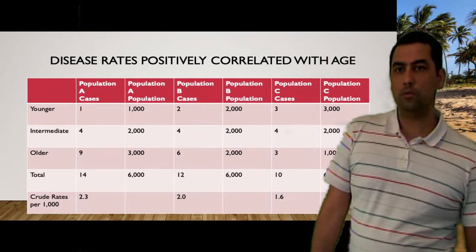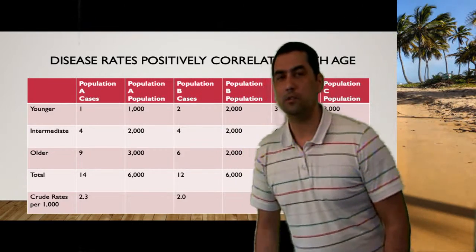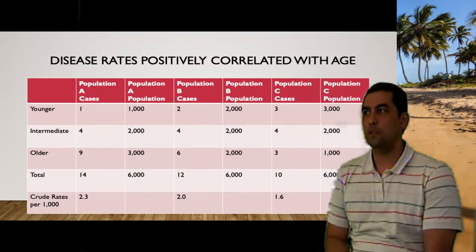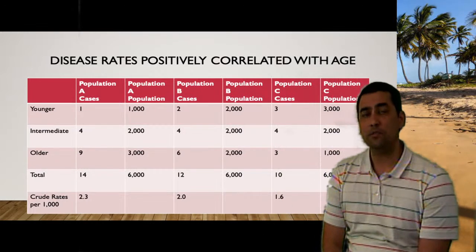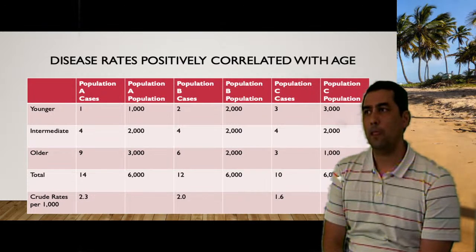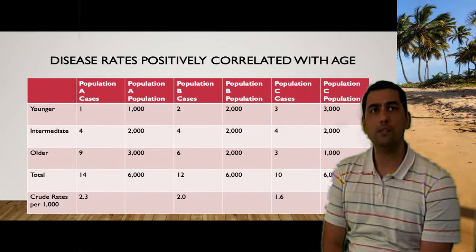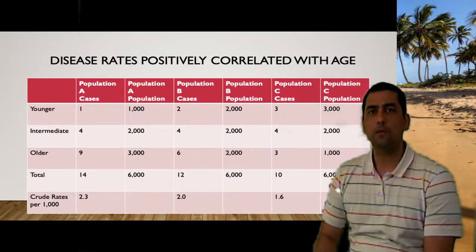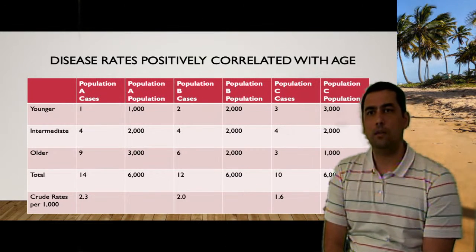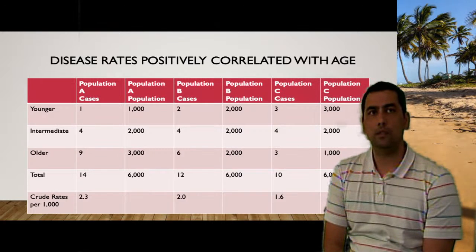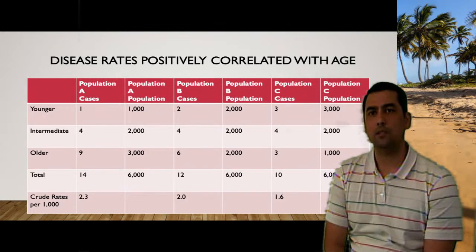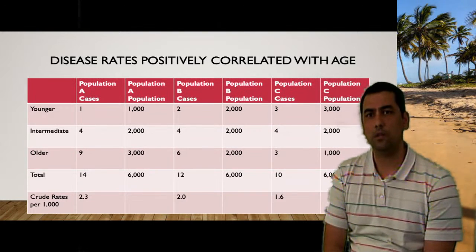So the crude rates will be different. But if you stratify this population, you have specific rates, and you have the same prevalence rates in these populations. Okay?